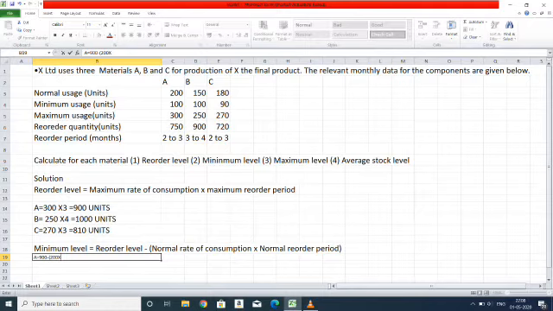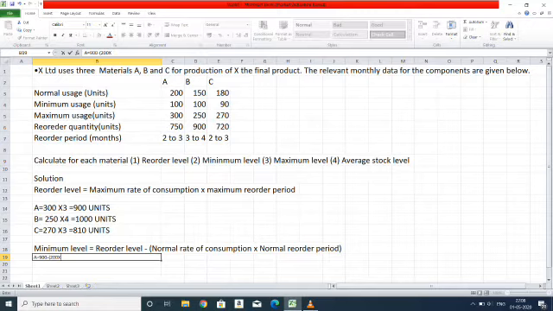Here reorder period is given 2 to 3 months. Then normal reorder period is equal to 2 plus 3 divided by 2, that is equal to 2.5. In case of B, 3 plus 4 divided by 2, that is equal to 3.5. In case of C, 2 plus 3 divided by 2, 2.5.